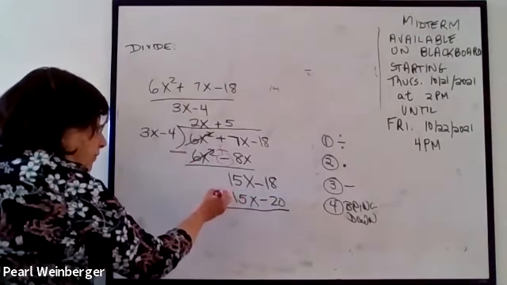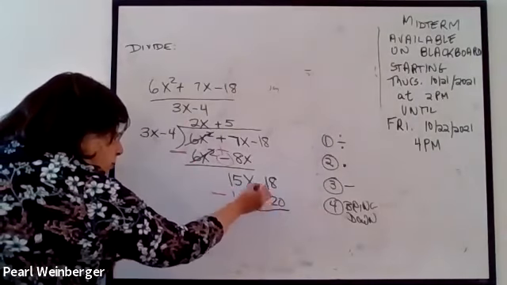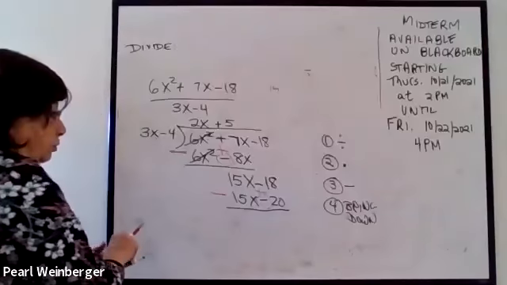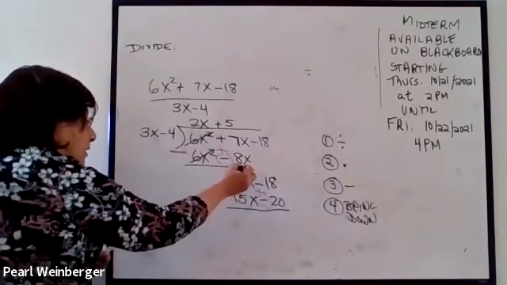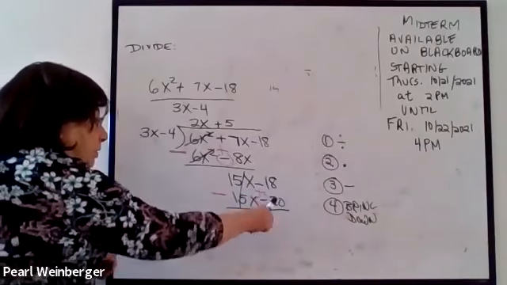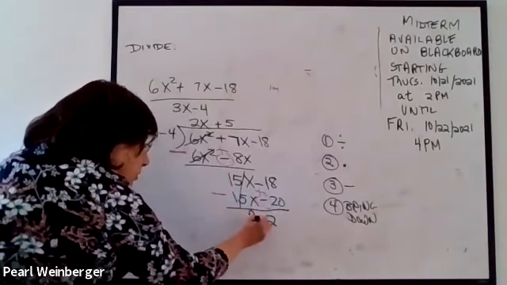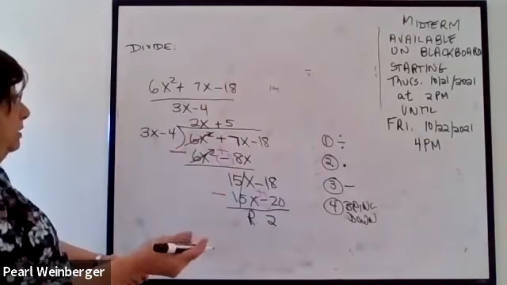This is a positive 15x, so it's becoming a negative. This is a -20, so it's becoming a positive 20. 15x and -15x cancel out. -18 plus 20 gives me +2. My remainder is +2. There's nothing more to bring down.